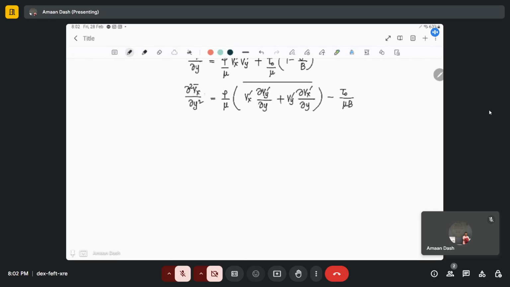And if we again set y equal to 0, that is dou square Vx bar by dou y square at y equal to 0, then this entire term will be 0. So we are left with minus tau 0 by mu times b.